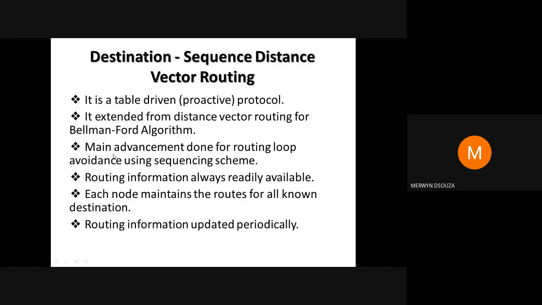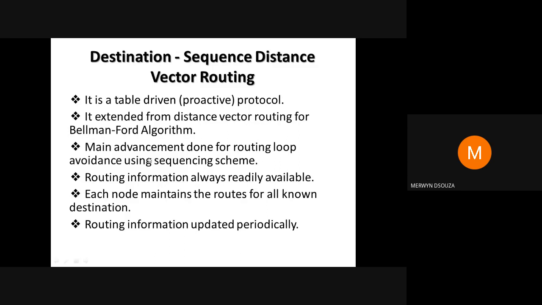But one disadvantage of distance vector routing in wired networks was that it tends to form loops. Like you know in graphs, what are loops? The starting node and the ending node are the same in that path. So there would be many loops in those paths in the wired network.